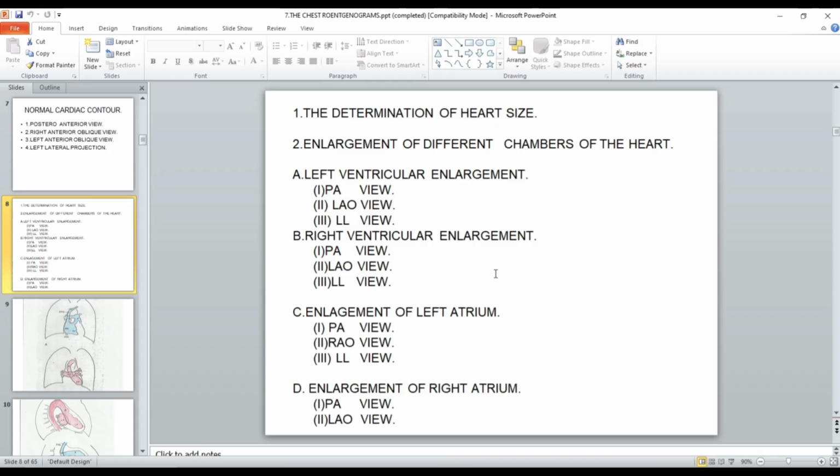For right ventricular enlargement, posterior anterior view, left anterior oblique, and left lateral view are observed. For enlargement of the left atrium, posterior anterior view, right anterior oblique, and left lateral views are observed. For enlargement of the right atrium, the heart is examined in PA view and left anterior oblique view.